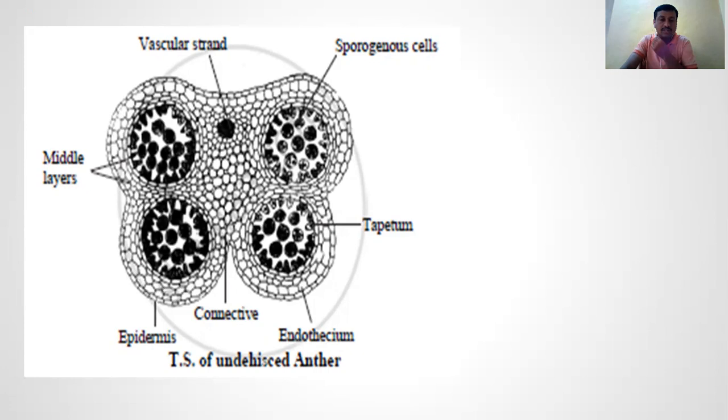Third, the innermost layers, two to three layers are present. This is the middle layer, a protective layer. And the fourth, innermost layer is called the tapetum.